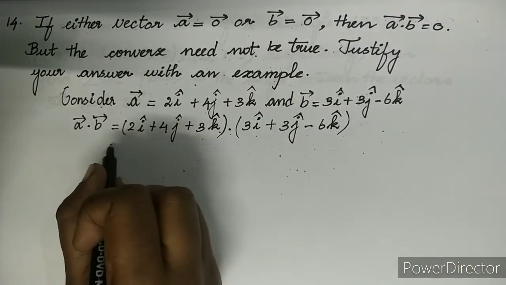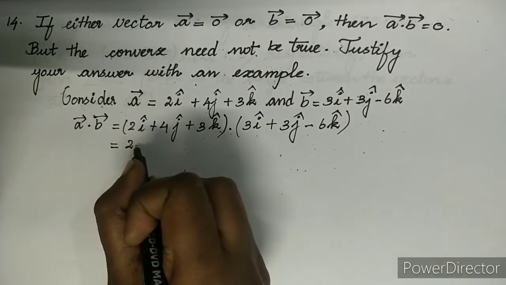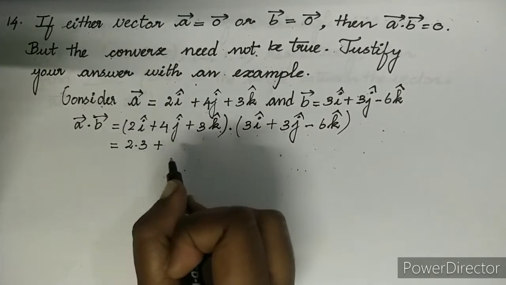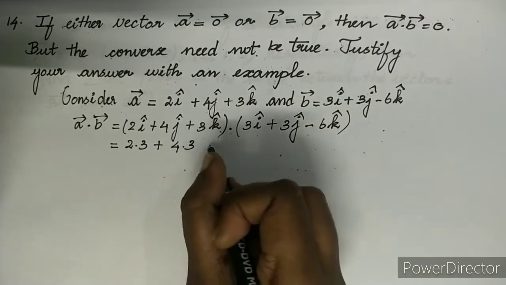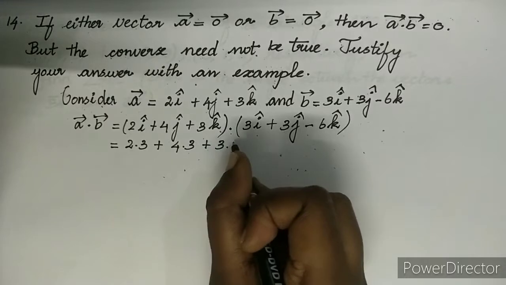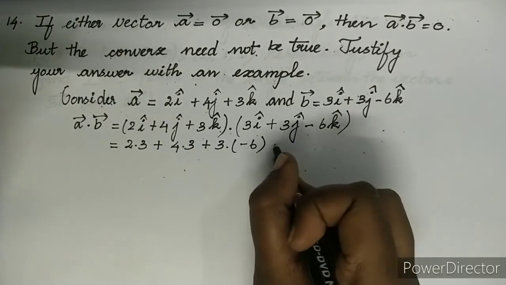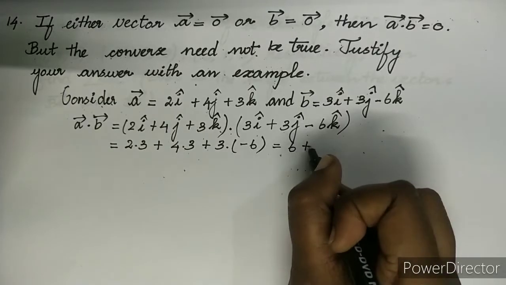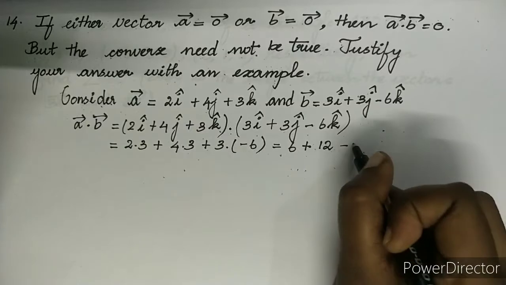We'll find the dot product now: 2 into 3 plus 4 into 3 plus 3 into minus 6. 2 into 3 is 6, 4 into 3 is 12, and 3 into minus 6 is minus 18.